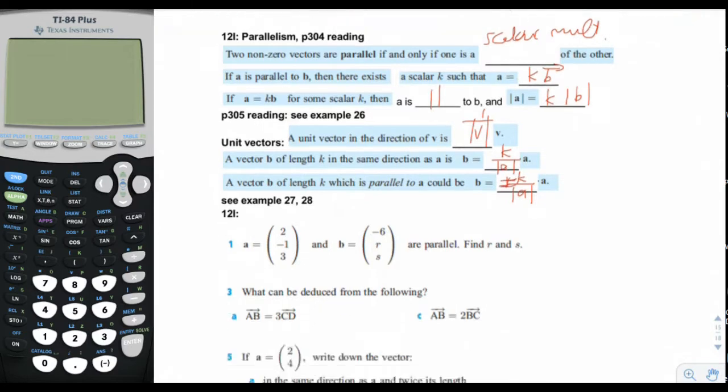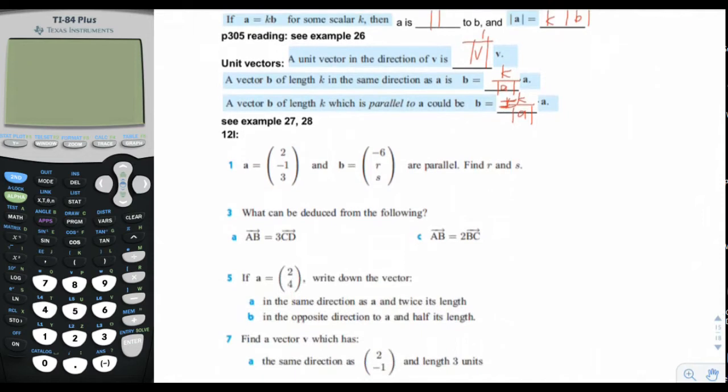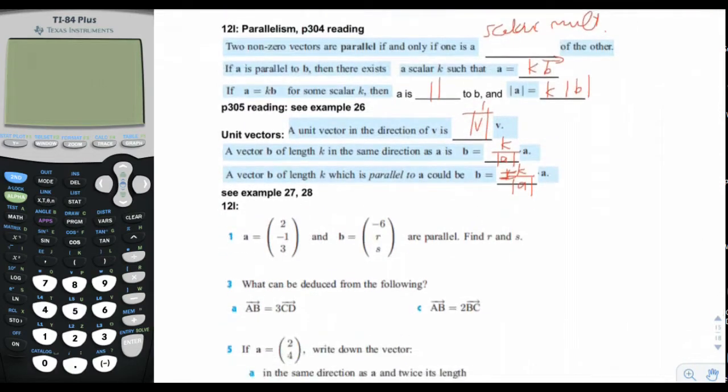Okay? Let's see. Number 1, A. So we have two vectors, A and B, that are parallel. Find r and s. If they're parallel, that means vector A is equal to k times vector B, where k is a positive or negative number.